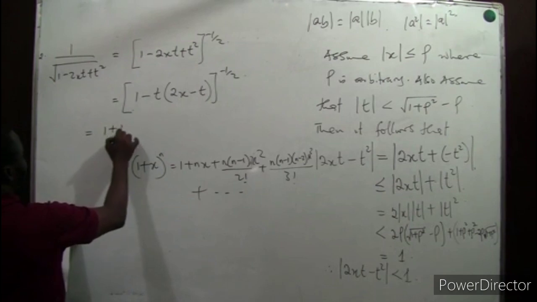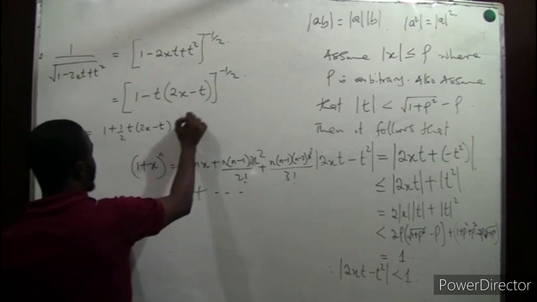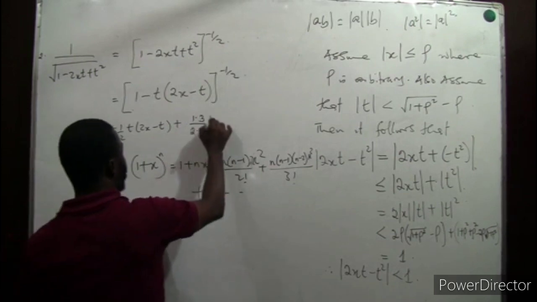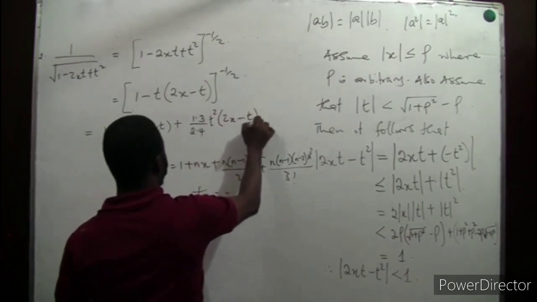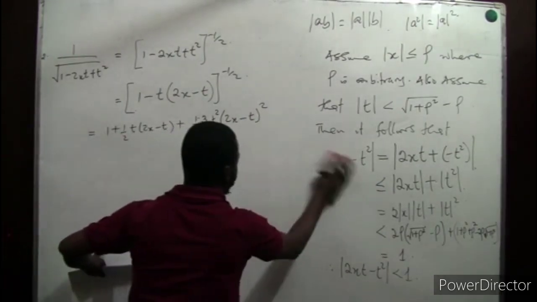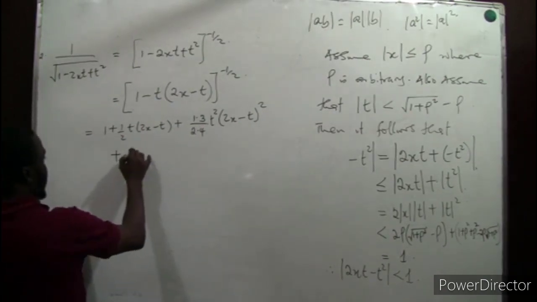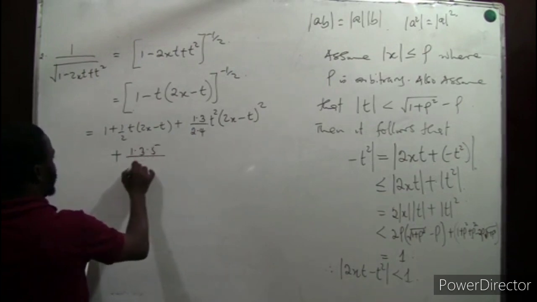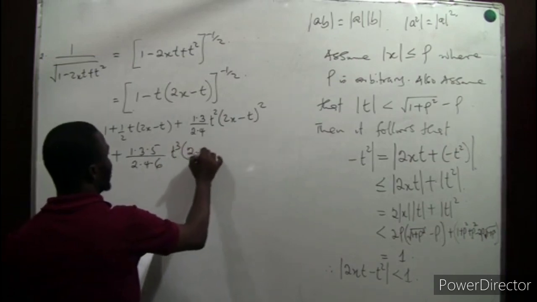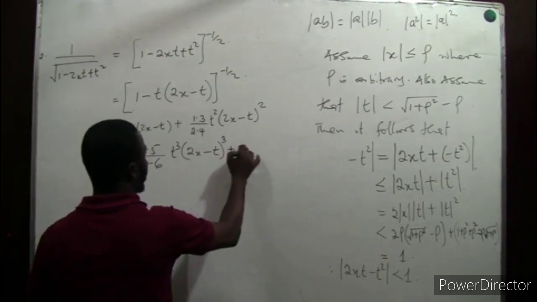Equals 1 plus 1 over 2 t (2x minus t) plus 1 multiplied by 3 divided by 2 multiplied by 4 t raised to power 2 (2x minus t) raised to power 2. Let me take one more term. Plus 1 multiplied by 3 multiplied by 5 divided by 2 multiplied by 4 multiplied by 6 t raised to power 3 into (2x minus t) raised to power 3, plus it continues that way.